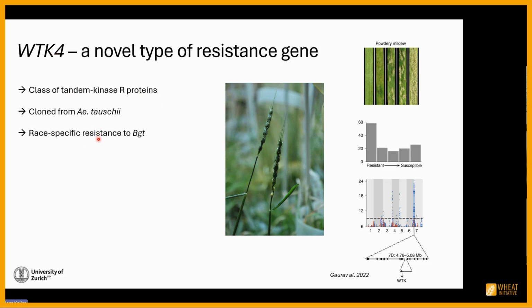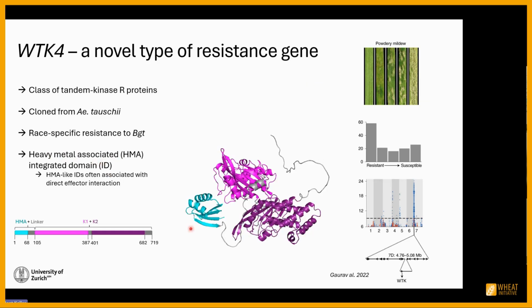It's a race-specific resistance, and we have recently found, which we overlooked at the beginning, that it also includes a heavy metal-associated integrated domain. And if you look at the predicted protein structure, this is this HMA, heavy metal associated domain.